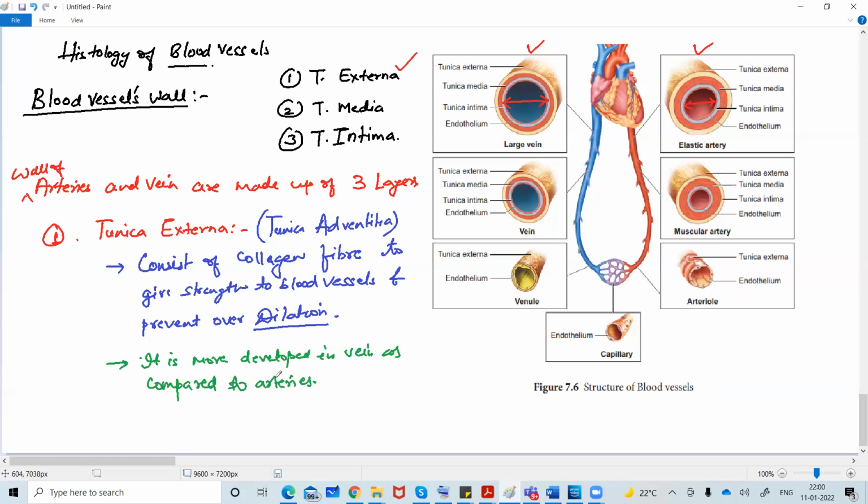The nature of the layer is made in such a way that they should bear up the pressure of the flow of the blood. They should not get damaged, right? So that's why these blood vessels have collagen fiber.